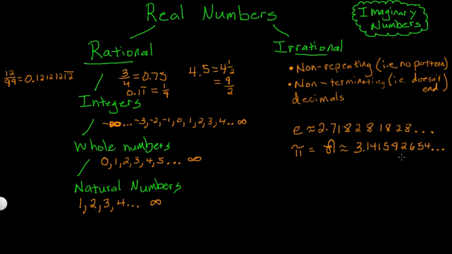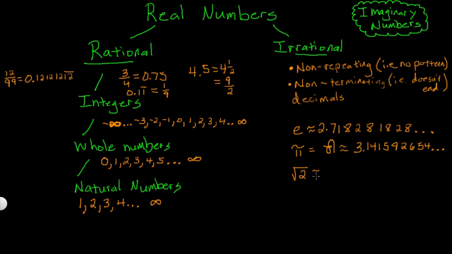There is no pattern. Another example of irrational numbers are square roots of non-perfect squares. For example, the square root of 2. 2 is not a perfect square, so the square root of 2 is an irrational number. It is a non-repeating, non-terminating decimal.